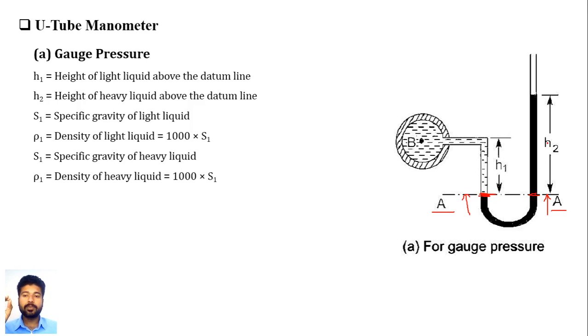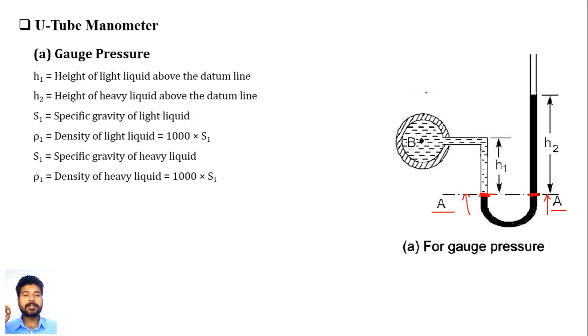Likewise, H2 is the height of the heavy liquid, which here is mercury. In the left limb is our original liquid, whose pressure we are going to find. In the right limb, H2 is the dimension from the datum line.